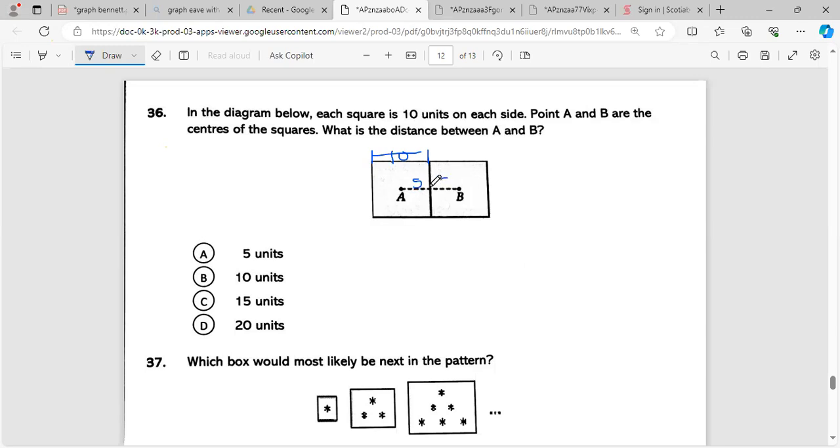So 5 plus 5, yes sir, 10. I was surprised somebody said 10. But guys, read the notes. The notes are the clue, because it said in the diagram below, each square is 10 units on either side. Point A and B are the centers. So they actually relate.